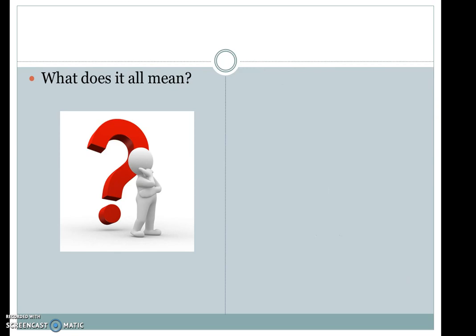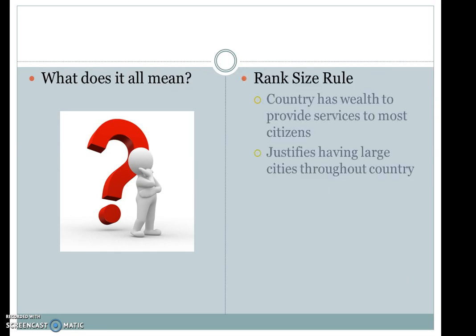So who cares? What does this all mean? With the rank size rule, when you have a country that has wealth to provide for citizens throughout the entire country, then this rank size rule takes place. It justifies having large cities throughout the country in different areas because they have the wealth and development to provide for people all across the country.